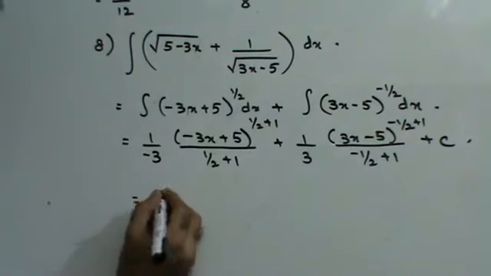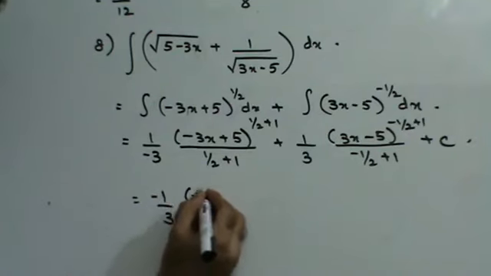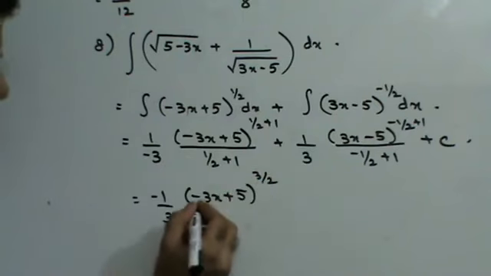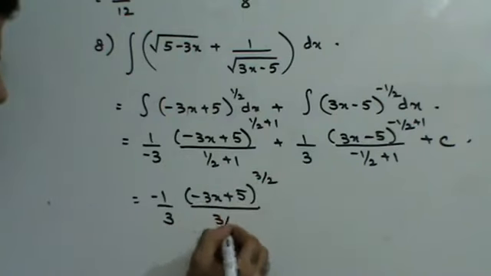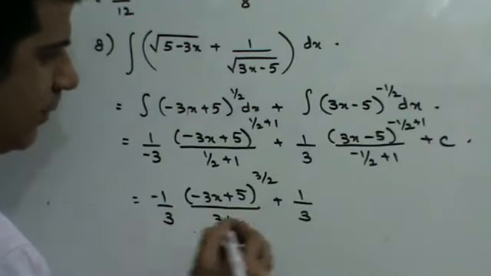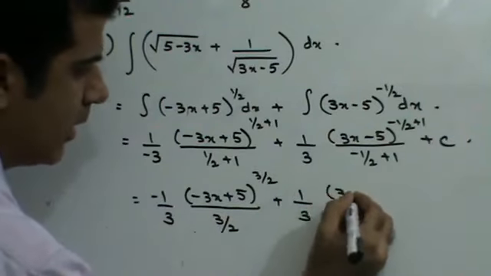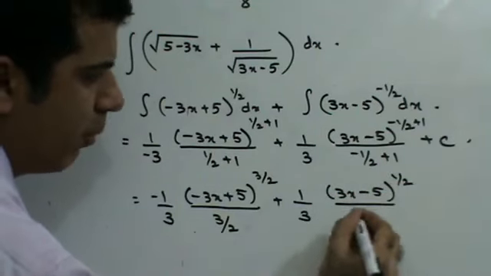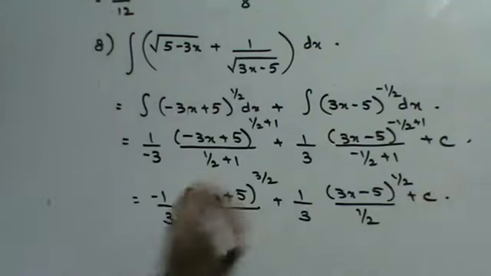So this is minus 1 upon 3, (minus 3x plus 5) raised to 3 by 2 upon 3 by 2, plus 1 upon 3, (3x minus 5) raised to 1 by 2 upon 1 by 2 plus c.